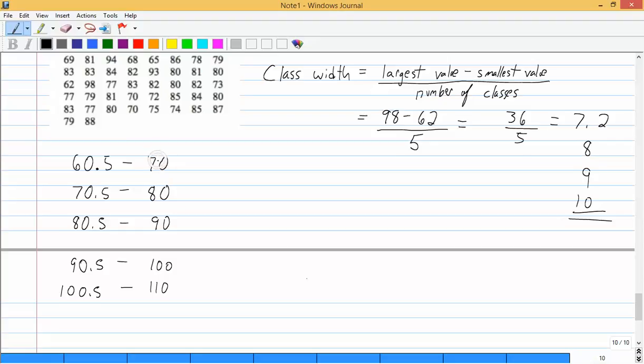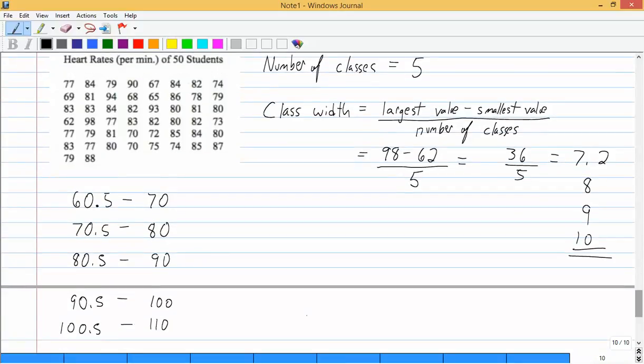If I ended with 70 here and I started with 70 here, then a heart rate of 70 would go in both classes. There has to be a way to filter that out. I'll show you how the book does it, but they use hundredths on one end and tenths on the other end, so it's a little confusing as well. But we're making our own here, so it doesn't have to look exactly like the book would have.